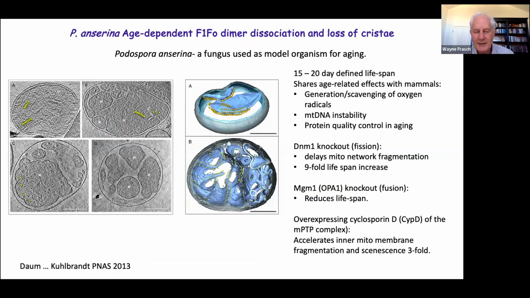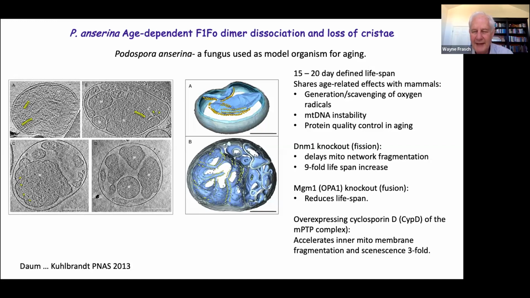One of the reasons you might say, wait a minute, how can this relate to humans? But it is a eukaryote, single cell. It has a 15 to 20 day defined lifespan, so that it's easy to study. It's easy to get from when it's just young to very old, and you can follow this.